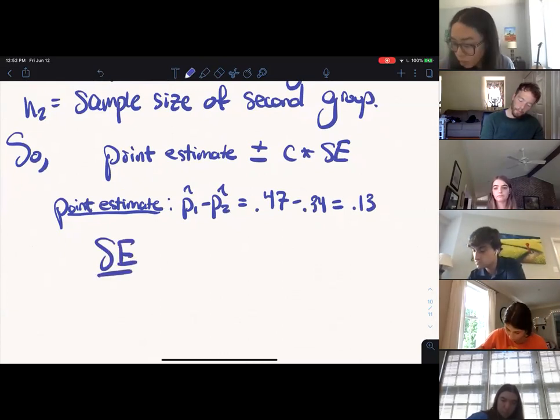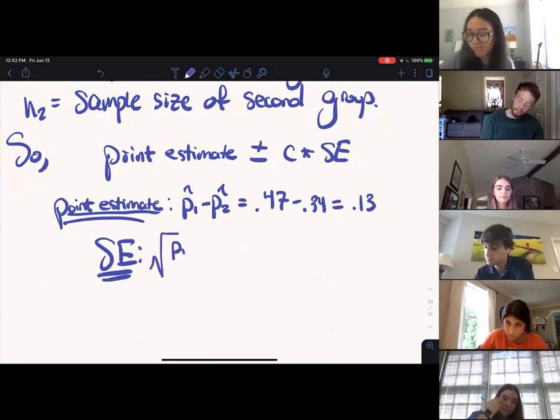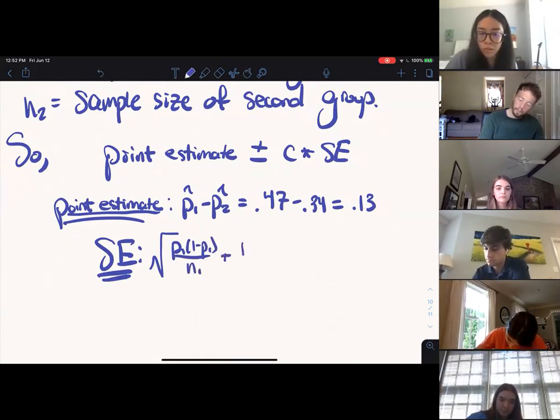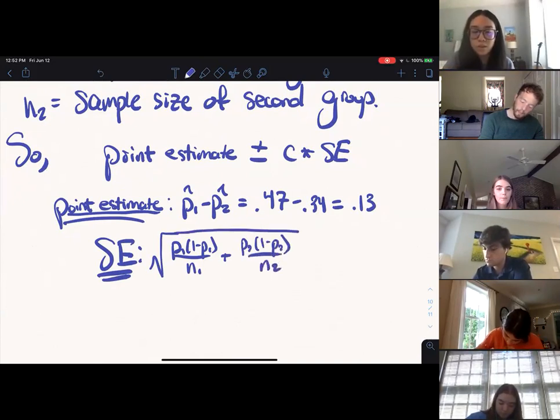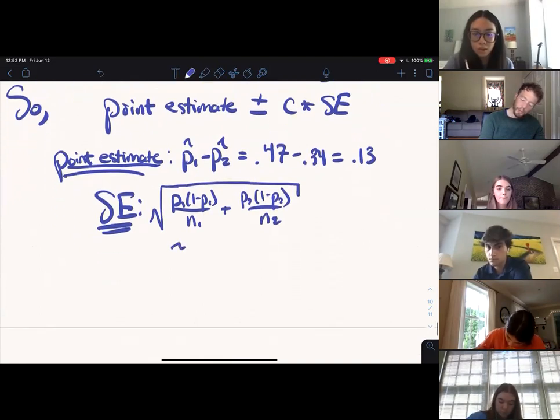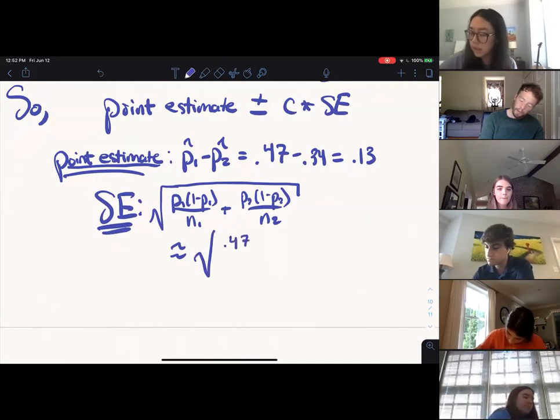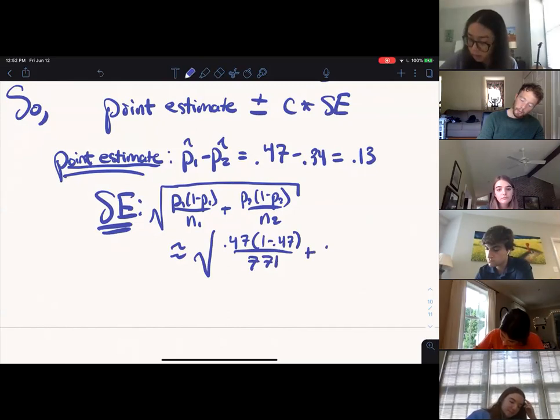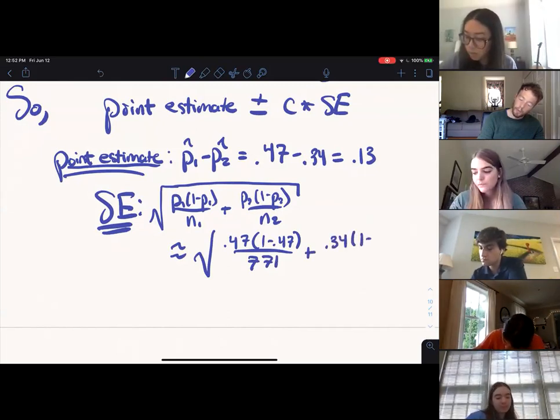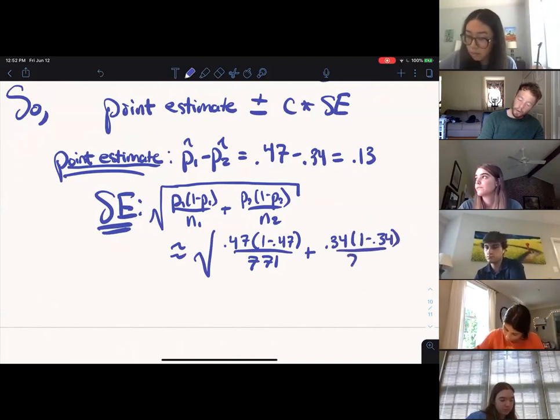Our standard error is going to be this monster, which we approximate with 0.47 times 1 minus 0.47 over 771, plus 0.34, the sample proportion, times 1 minus 0.34 over 732.